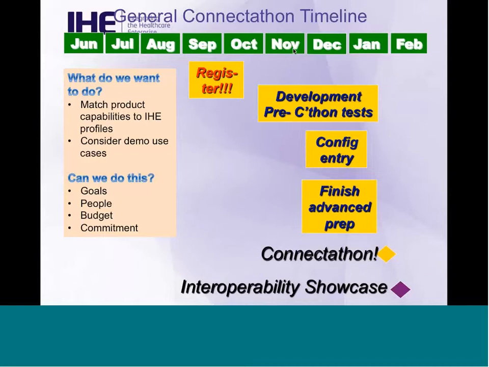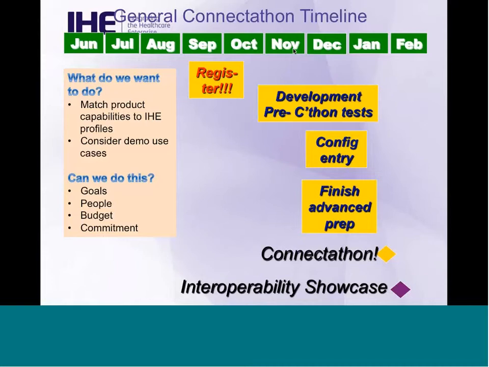It tells you who your partners will be because they have to register for IHE profiles as well. It tells you what tools you will use to verify your software during the fall. We roll out a set of software tools that do verification and simulation, so you're testing with a tool to verify your messages and documents before you actually test face-to-face. The tools you run and the tests you run are all governed by that registration process.